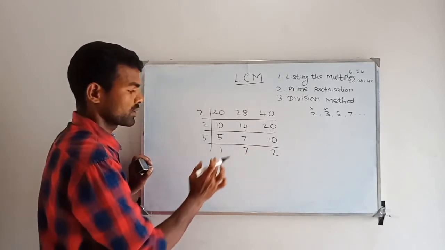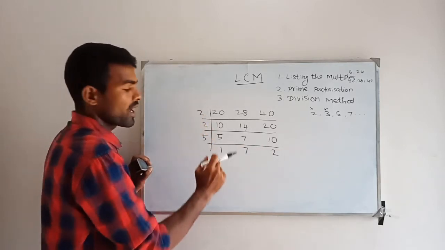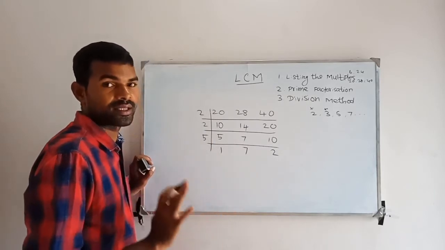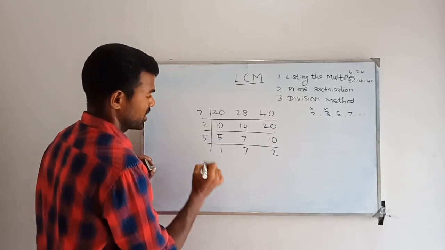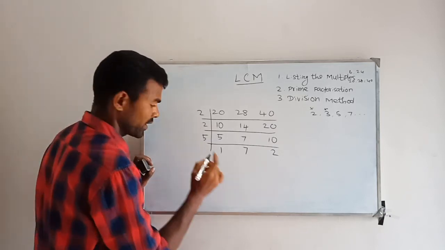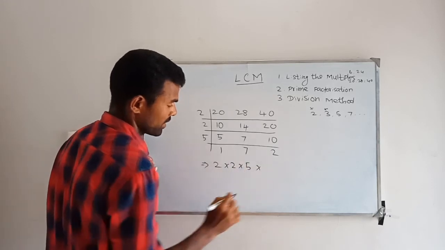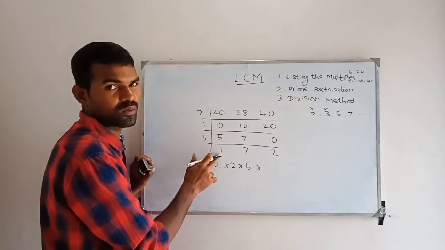So this is the remainder. The left side column and the remainder, both you have to multiply. That is the LCM. So the LCM of the numbers is: multiply 2, 2, 5 and 1, 7, 2. If you multiply with 1, you get the same number.